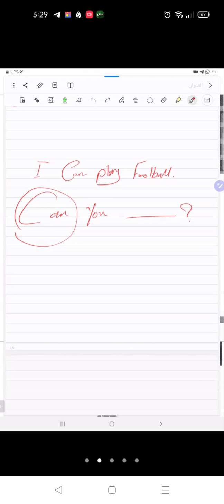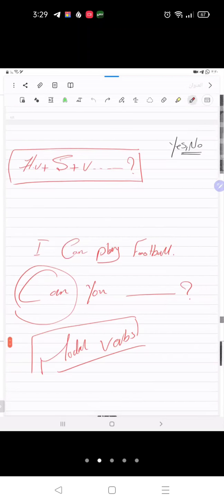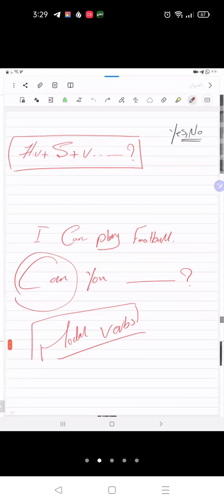It is called in English modal verbs, meaning the defective verbs. So, if you want to make a yes no question, the general rule is you must start with the auxiliary verb. What does auxiliary verb mean? It may be a helping verb or a modal verb. Okay?